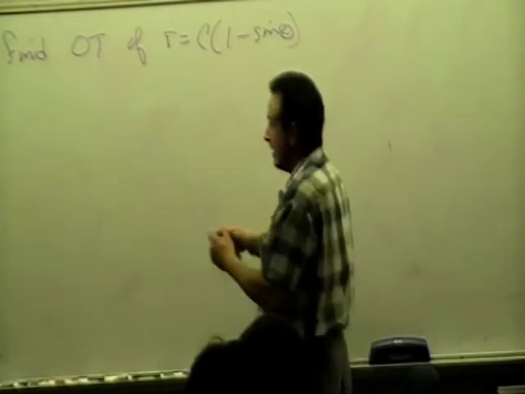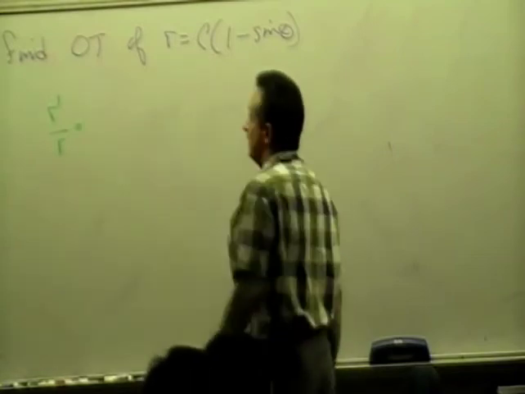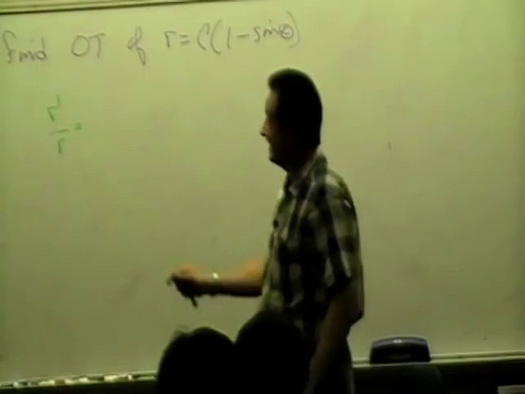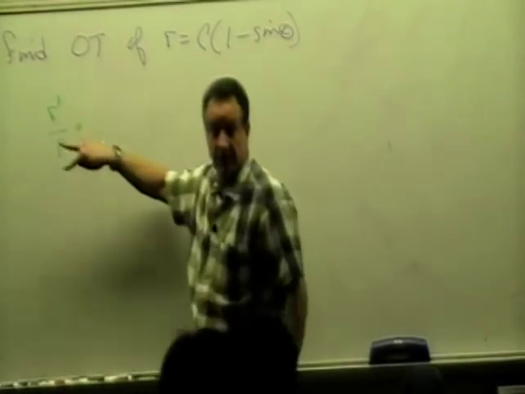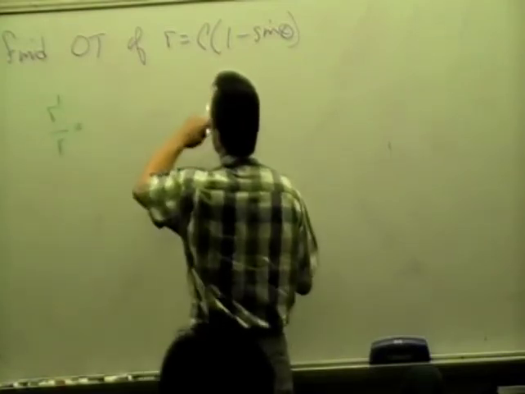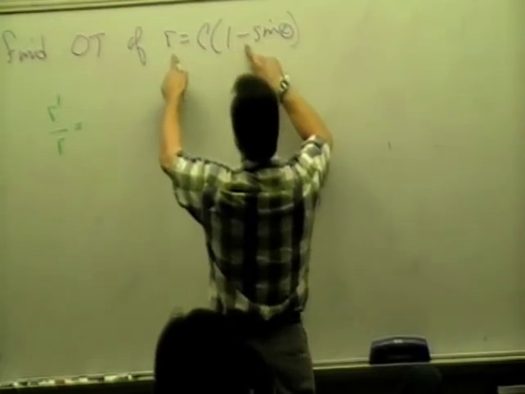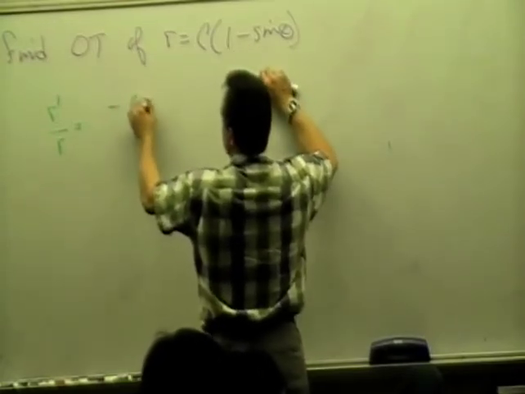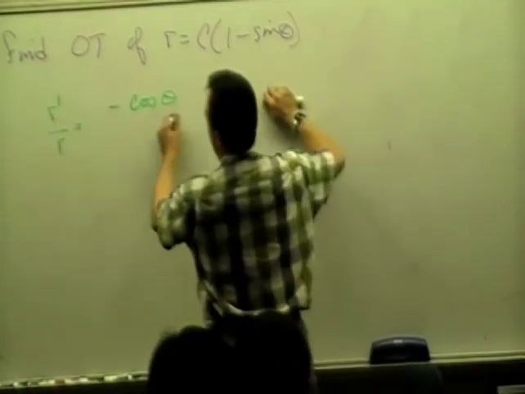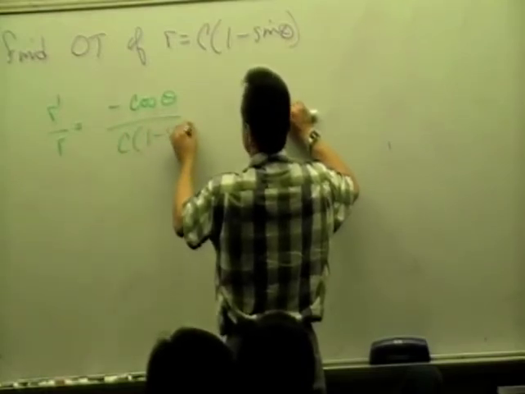Well, let's first find that ratio of r prime over r for this polar curve. Use the fact that this has to be the negative reciprocals of each other for each curve. What is the r prime for this one? If we take the derivative of r with respect to theta, this is going to be a constant, which is 0, and you have a minus cosine theta over this, which is c times 1 minus the sine of theta.